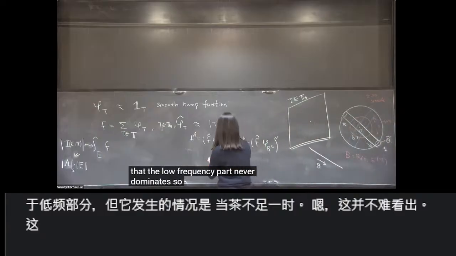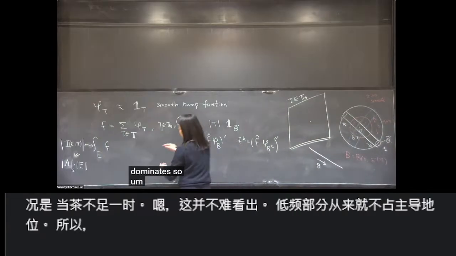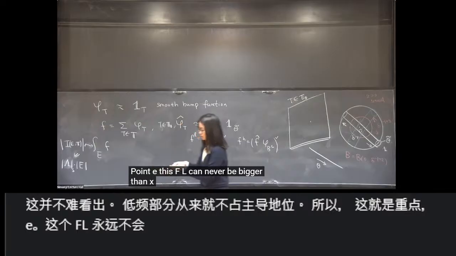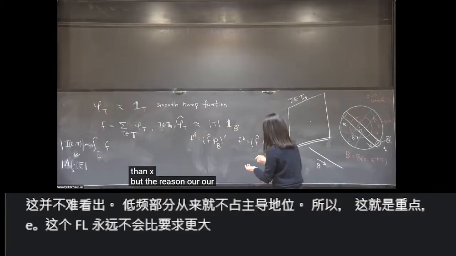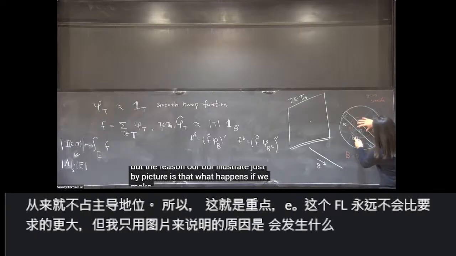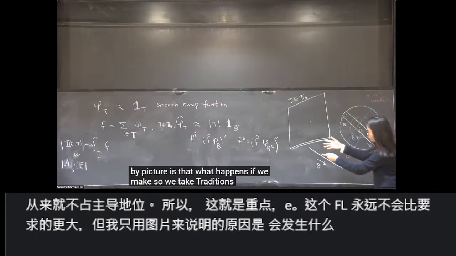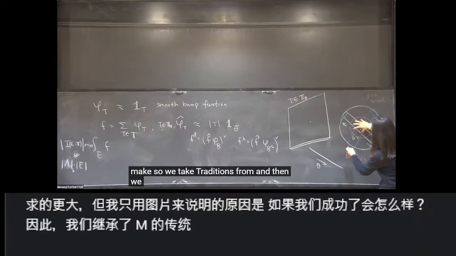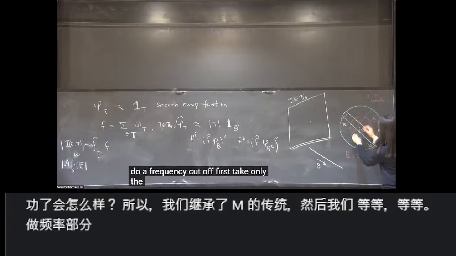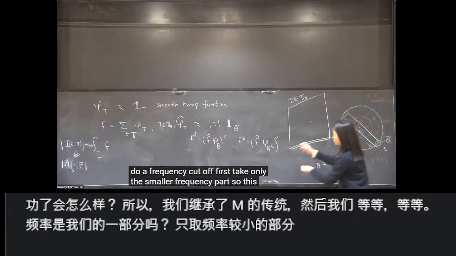So at the point E, this FL can never be bigger than F. The reason, I will illustrate just by picture: we take the Fourier transform and then do a frequency cutoff, taking only the smaller frequency part.